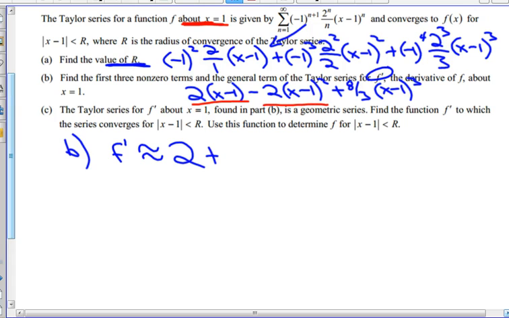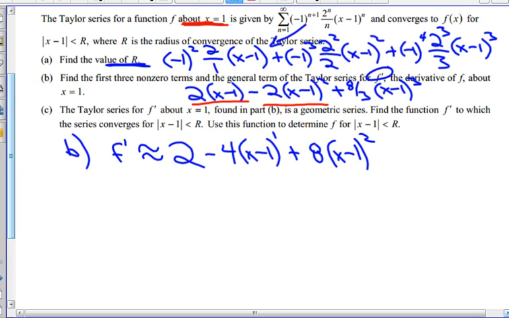I'll use my power rule. I will get negative, just take off that plus sign. I will get minus 4 x minus 1 to the first power. And then one more derivative with the third term. The 8/3 times a 3 gives me an 8. And I get x minus 1 to the second power. And that looks pretty darn good. Those are my first 3 non-zero terms.